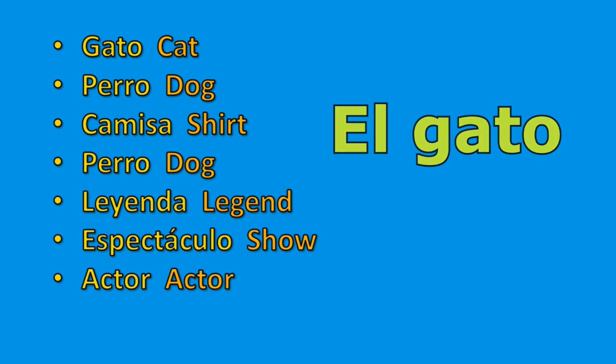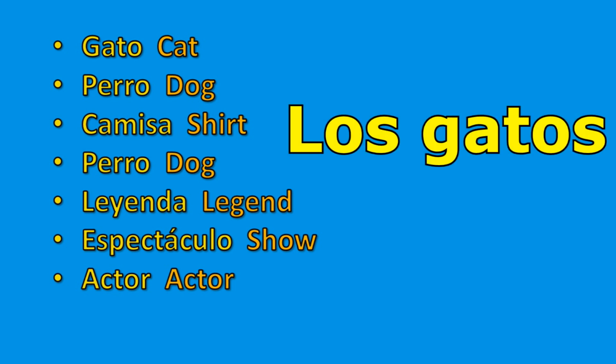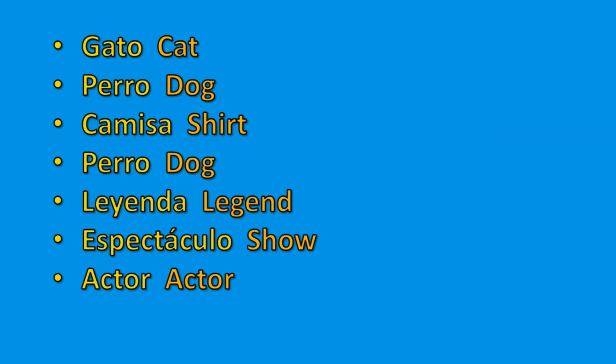In this case, gato is singular, but if I want to make it plural, the only thing I have to do is add an S at the end of the word. So I say gatos, and I would choose in the plural the definite article los. It would be los gatos. Okay, the same happens with perro. Which definite article did you use?